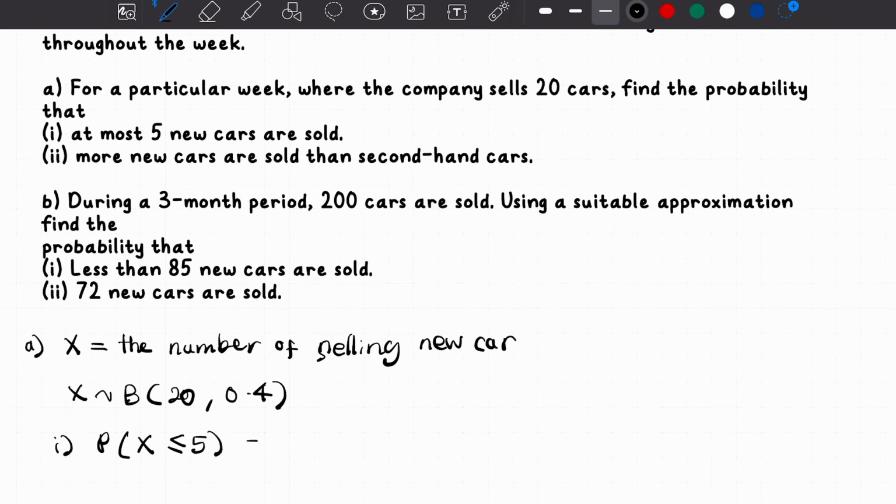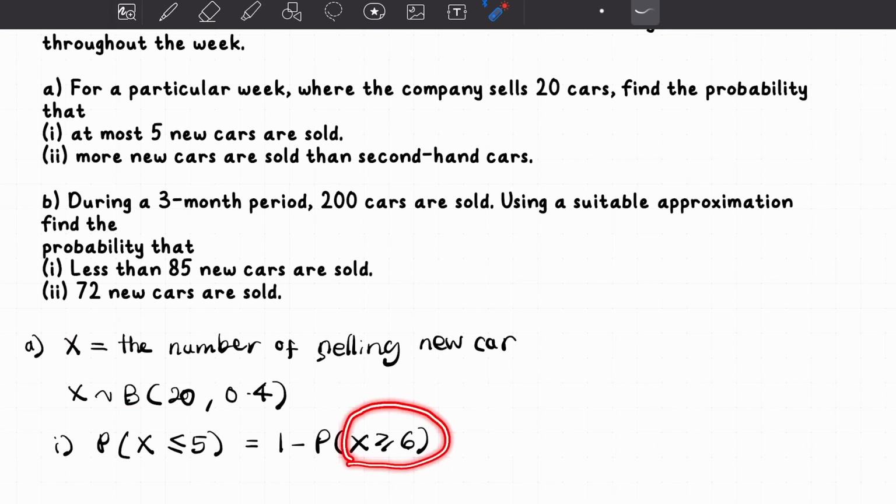That means you need to do 1 minus the probability of X greater than or equal to 6, because we can't find the probability of X less than or equal to using the binomial table, since our table just reads probability of X greater than or equal to.